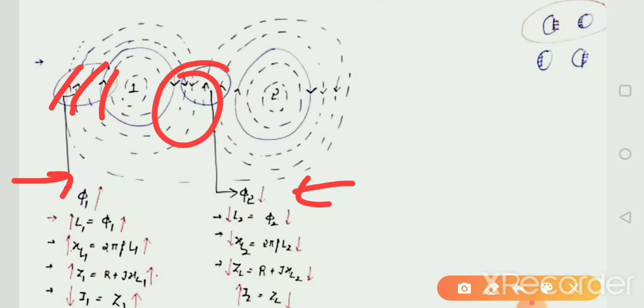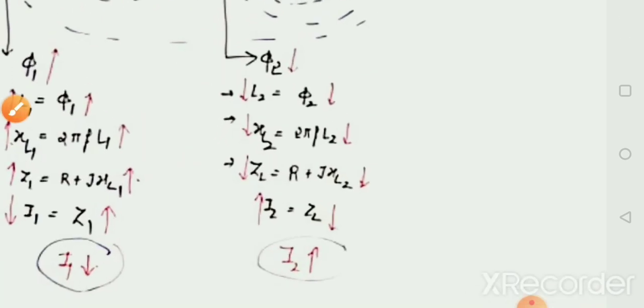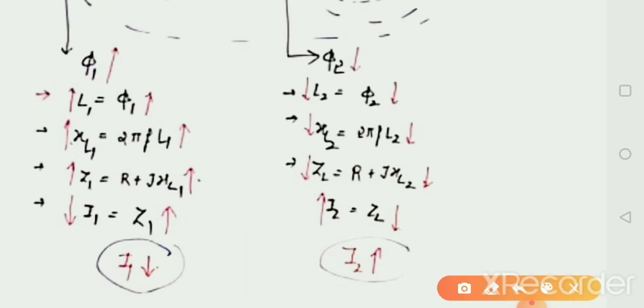So here the flux is decreasing and here the flux is increasing. If we take the first part, where the flux is increasing, we can say the inductance is also increasing, and we know that XL equals 2 pi f into L. It means the XL effect is also increasing.